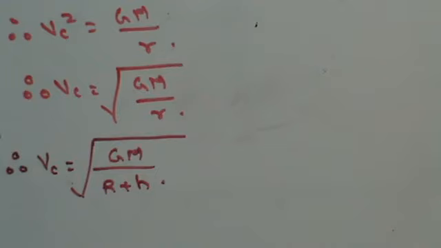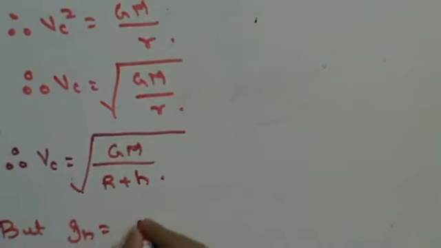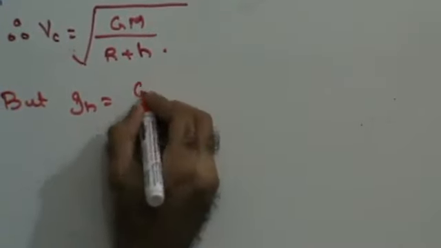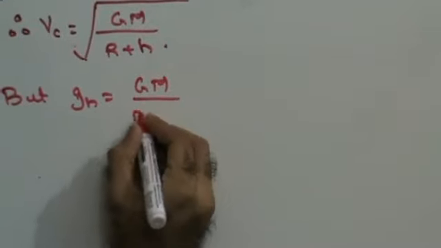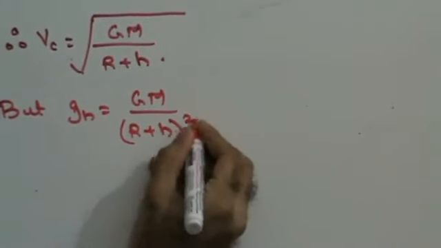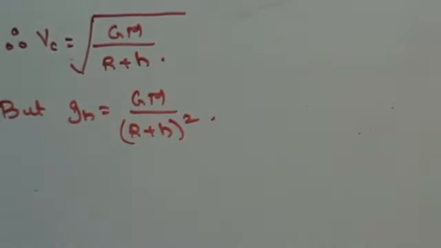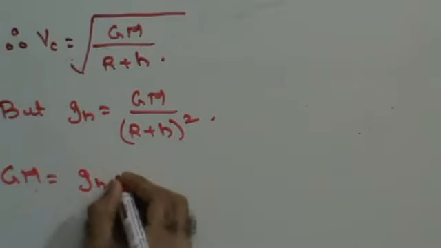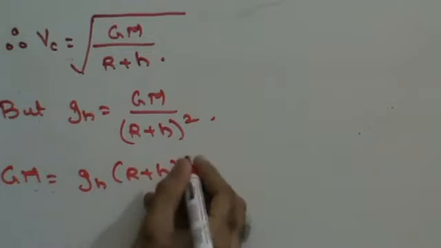But we know that gravitation at height h, we've done this derivation, guys, that gravitation at height h, gh, is GM upon R plus h the whole squared, right? So in that case I can say that GM is nothing but gh into R plus h the whole squared.